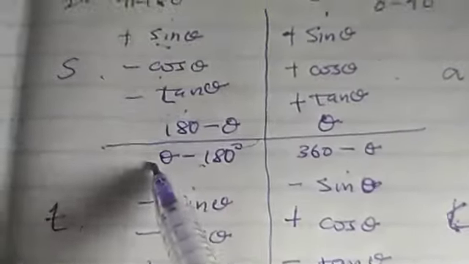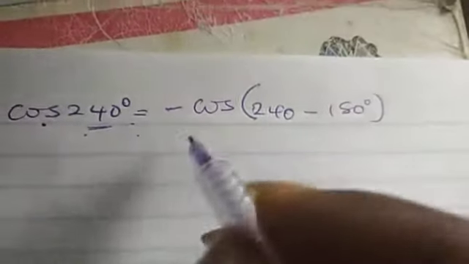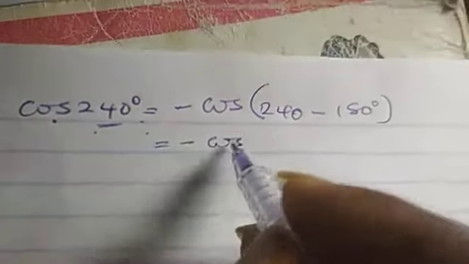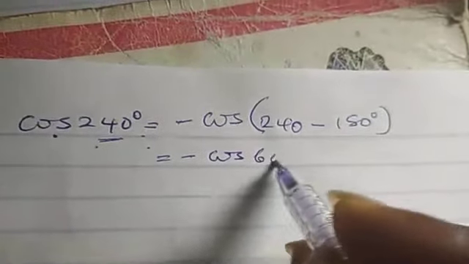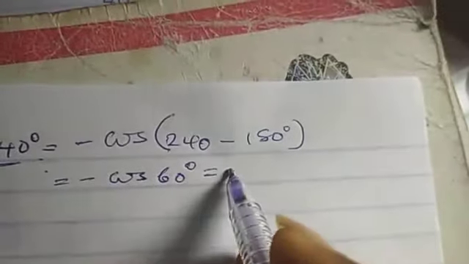What will it change to? It will change to what is there. Theta minus 180, that is the given angle minus 180. This is 240 minus 180. Our answer will now be 240 minus 180 will give me 60. That is minus cos 60, and we have known that cos 60 is half. So in that case, our answer here is minus half.